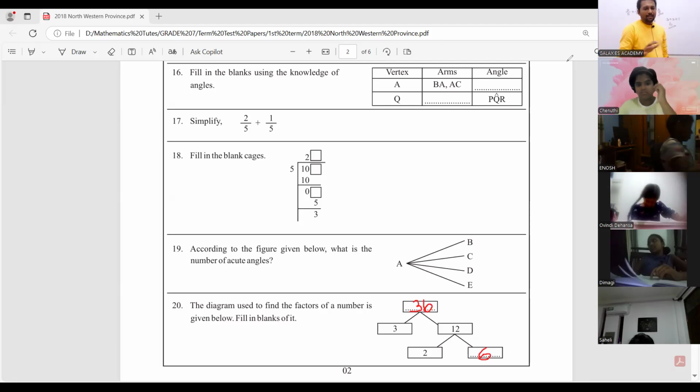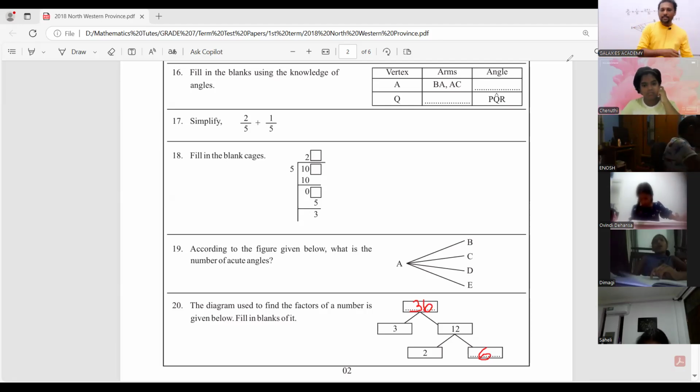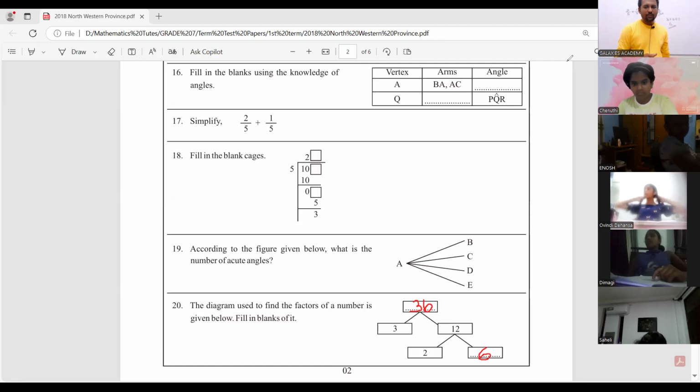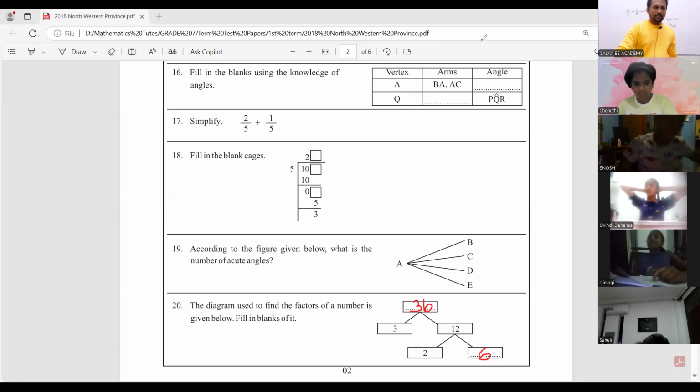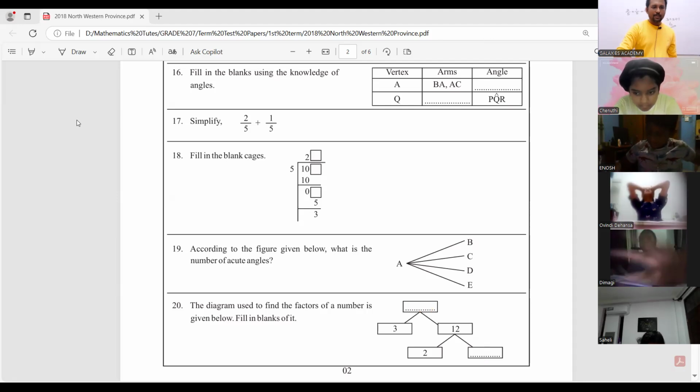Right, now I have discussed the first 20 questions of the first part of this paper. Now quickly check how many answers are correct out of 20. Also we can go on to discuss the second part of this paper.